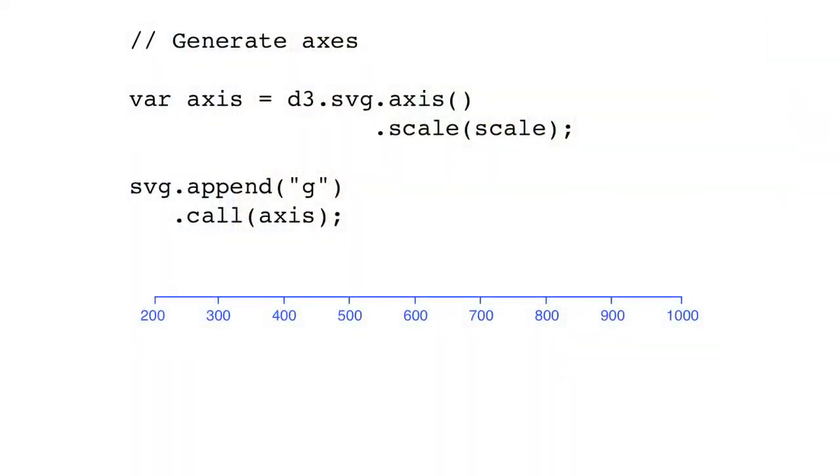Axes. Once you've got your scale, oftentimes you'll want to label it with an axis. D3 has built-in axis generators. It's really smart about choosing how to put these little tick marks in and where to position the labels. That's stuff that, for example, ProtoVis was also really good at, but it's really nice here.